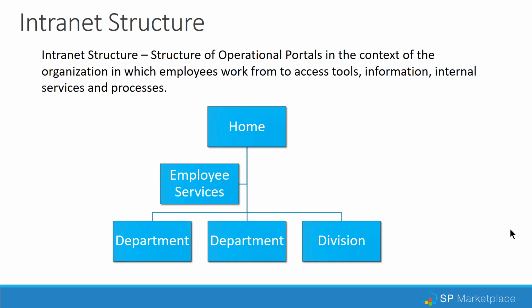It's a website for internal constituents of the organization, and consists generally of a top homepage that's the entrance point to the operation, a services portal for common services that all employees access, and then different department portals, all of which are called operational portals.